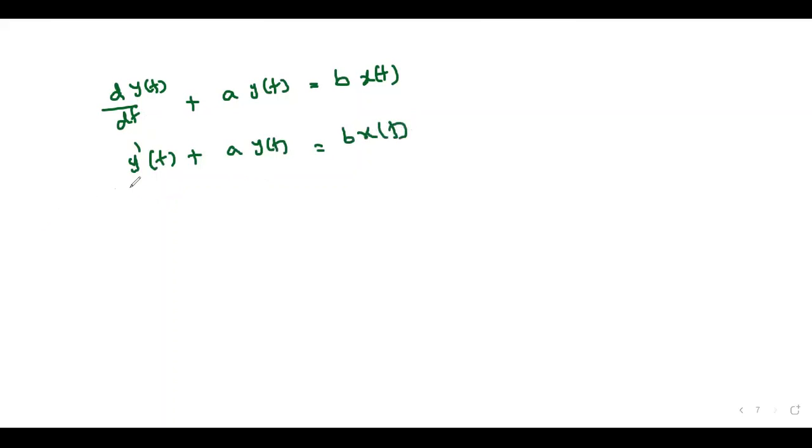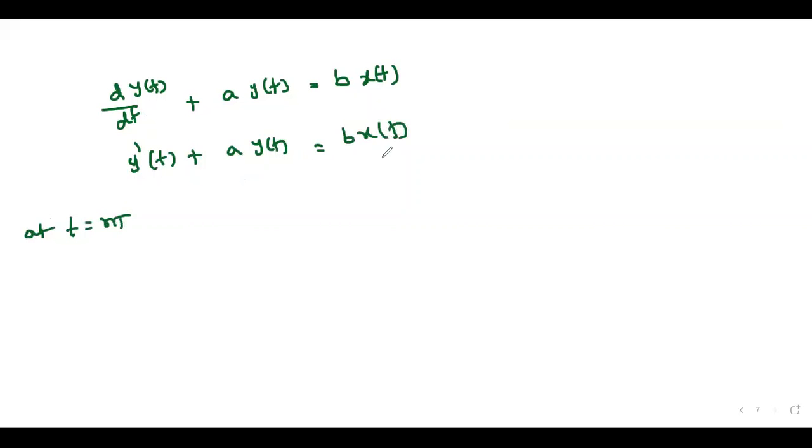B into x of t I have written. Then see, after getting this y of t, what we need to do? We need to convert it to discrete domain. So we need to write t is equal to nT.